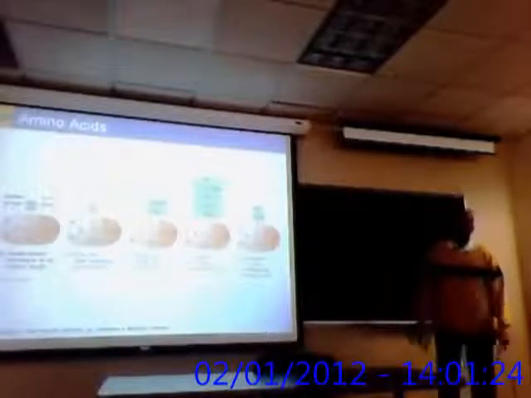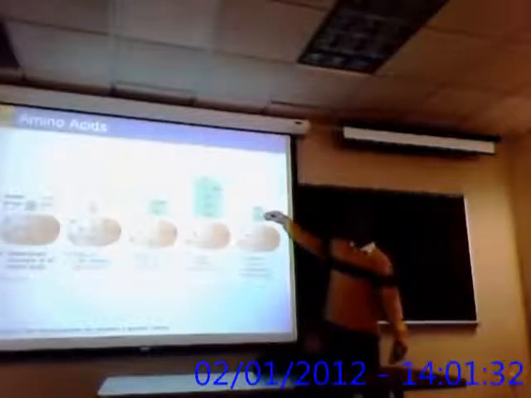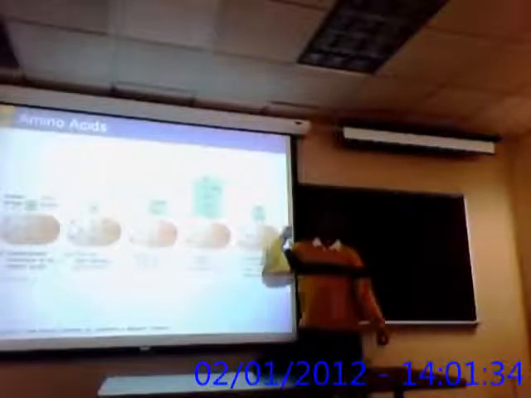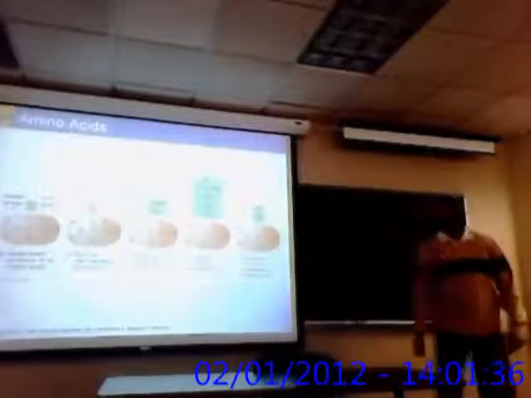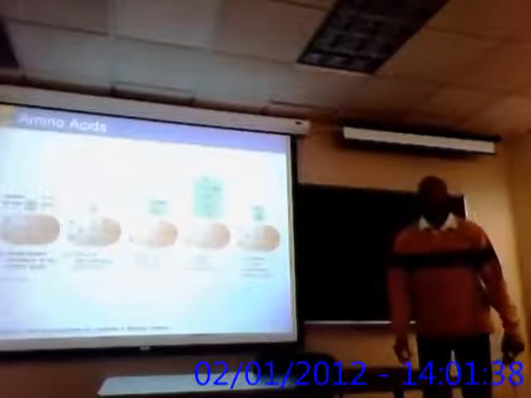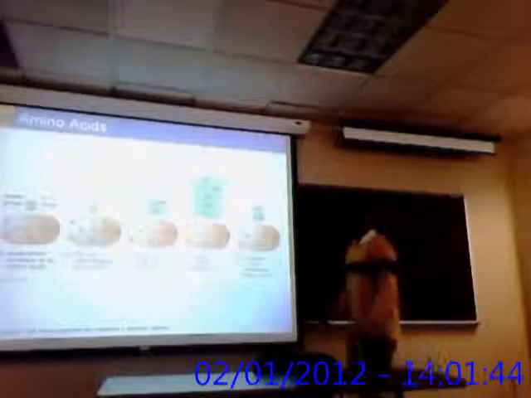If it's just CH2SH, it's cysteine. So you get the general idea of what an amino acid is. All of this is common to all amino acids. The only thing that differs from one amino acid to the next is the side chain. All we need to really understand is that the base is the same and the side chain differs. We don't need to know these specific formulas.